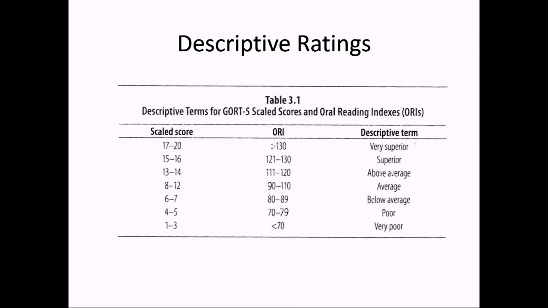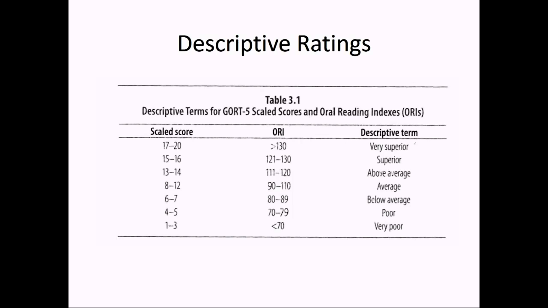Finally, the scale scores are on the left, and quotient scores in the middle. So you can take any of those standard scores and rate them according to the descriptive term.